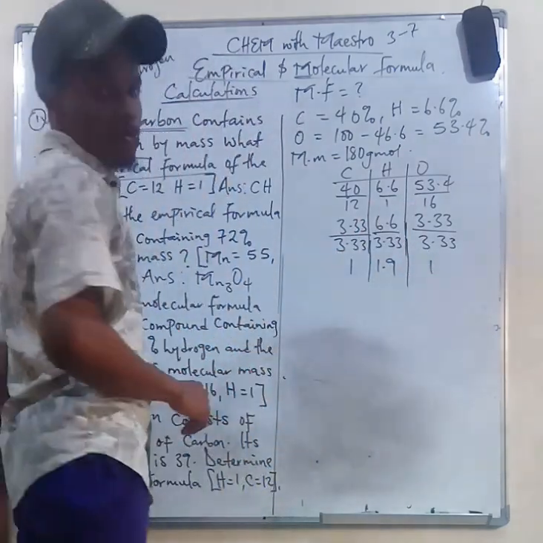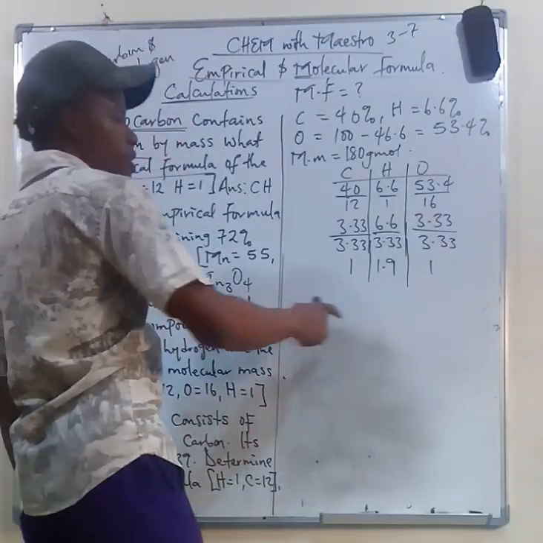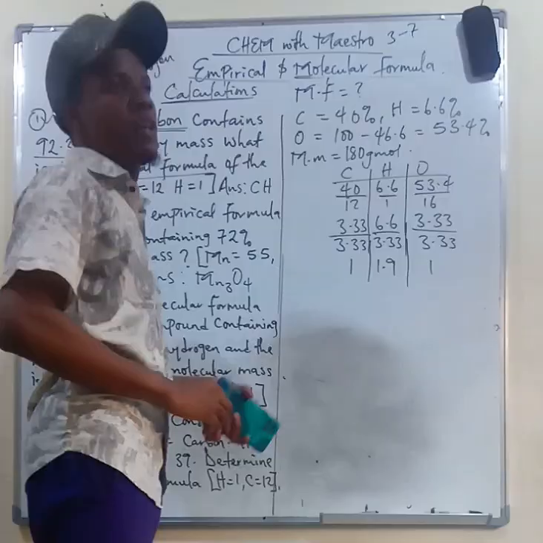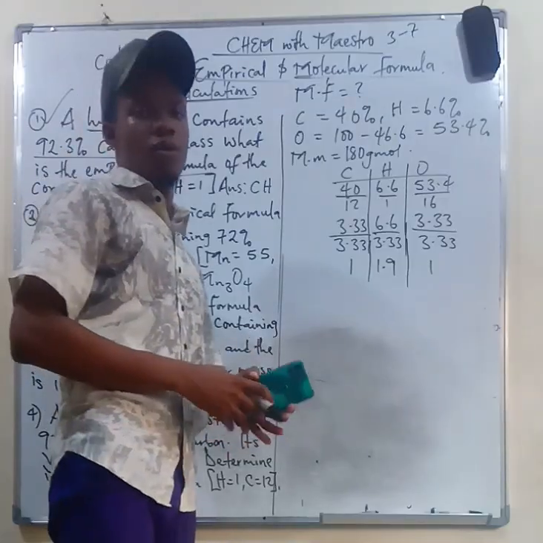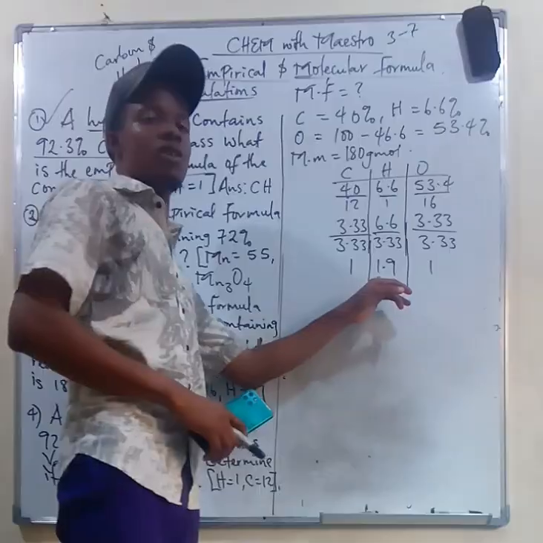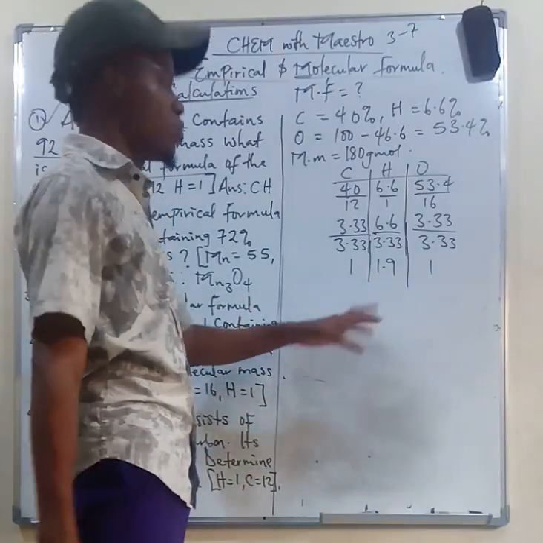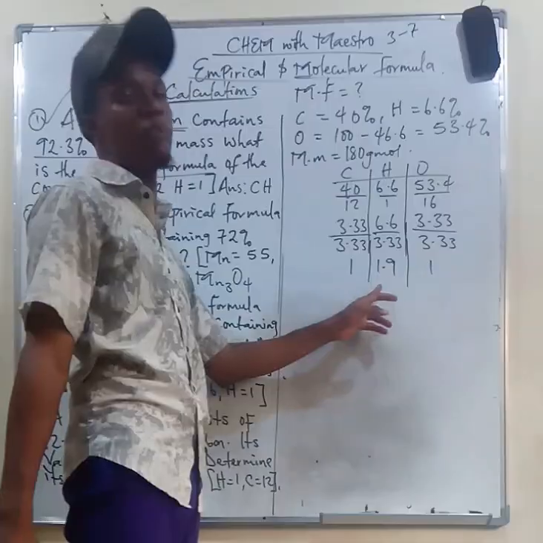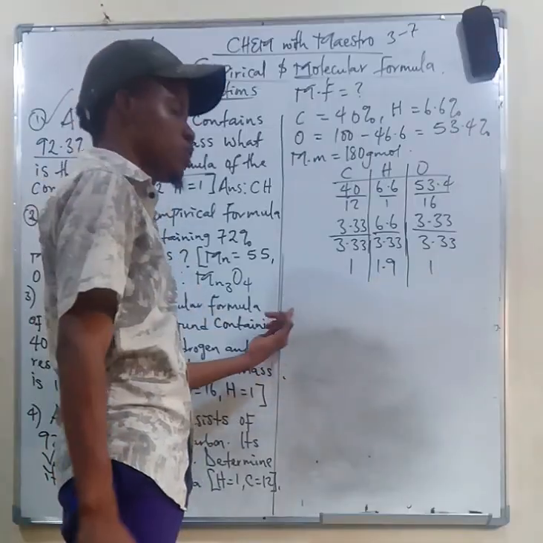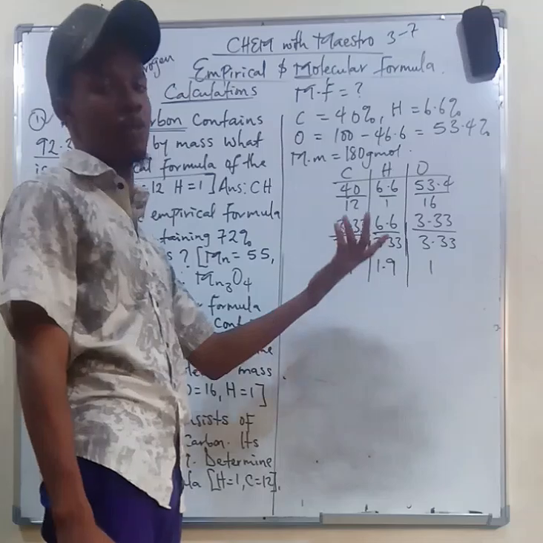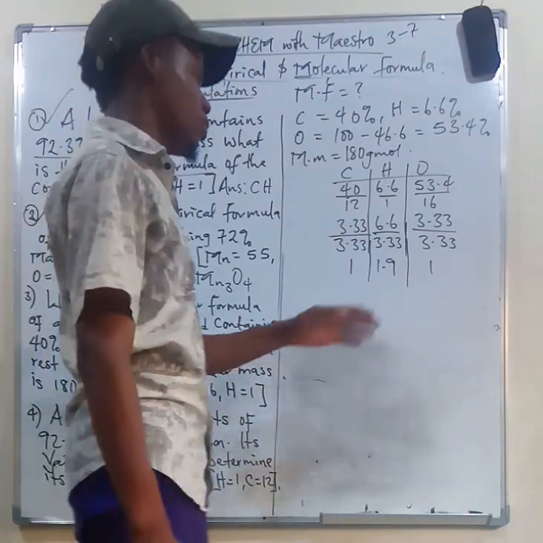Now remember I told you, if the first number after the decimal point is 0, we can approximate, we just say it is 1. If it's 1, we can still call it 1. If it's 2, we can still say 1. So 1.2 is the same thing as 1. But if it's 1.3, now we have to multiply by a coefficient, a number. But here it is 1.9.